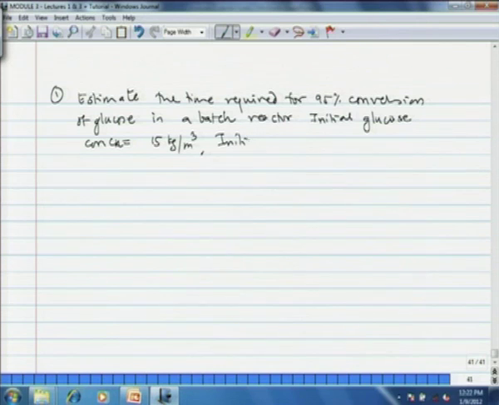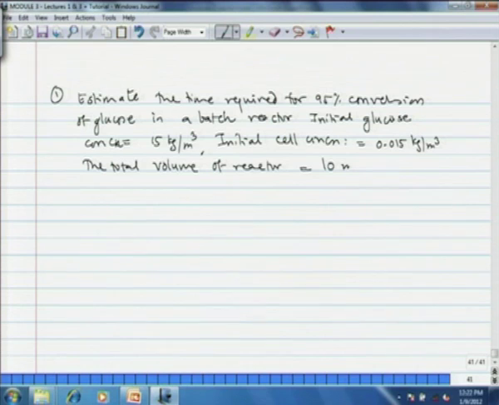Initial cell concentration as 0.015 kg per meter cube. And the total volume of reactor is 10 meter cube. However, it is filled to only 75% of volume, or let us write just 75% capacity. That is better. So, we have to estimate the time for this particular condition.